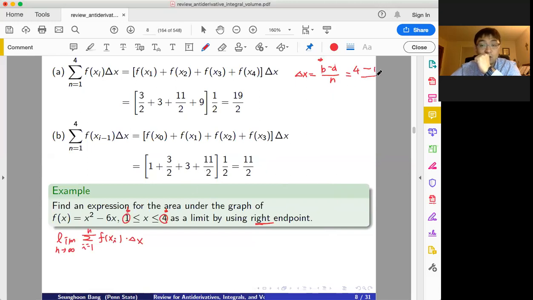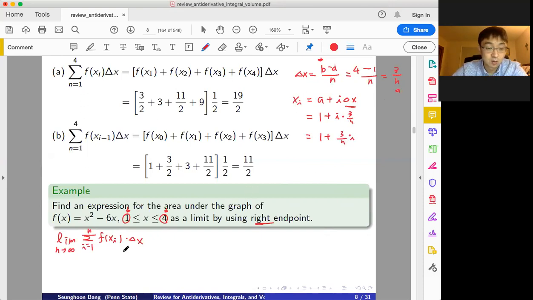So 4 minus 1 over n is 3 over n. You can find xi. xi is a plus i times delta x. a is 1, and delta x is 3 over n. So we have 1 plus 3i over n.